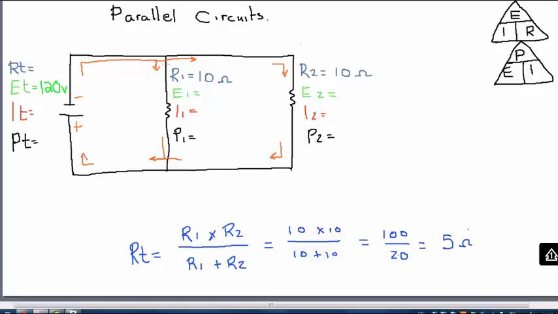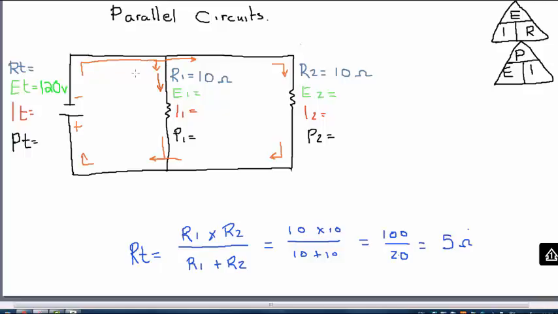So if there's an additional path, such as this branch circuit here, then all of a sudden the amount of resistance to that current flow has decreased because another path has opened up. So in a parallel circuit, the total resistance must always be less than the smallest individual resistor that's in parallel.